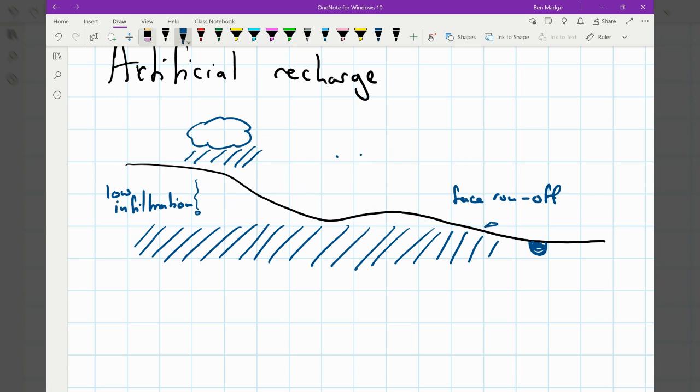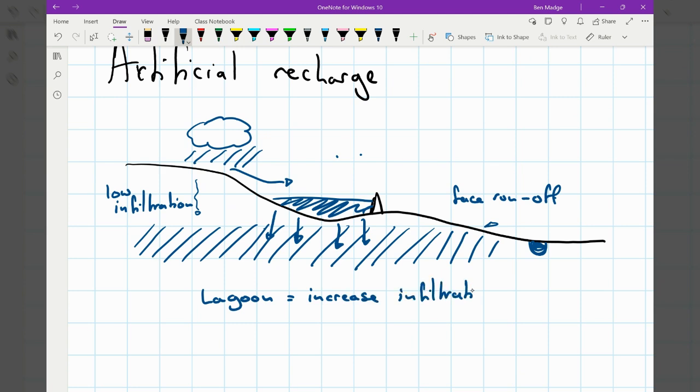So we might build a lagoon that captures this surface water runoff, and this will slowly percolate down into our aquifer and increase the amount that is infiltrating. And therefore recharge our aquifer.